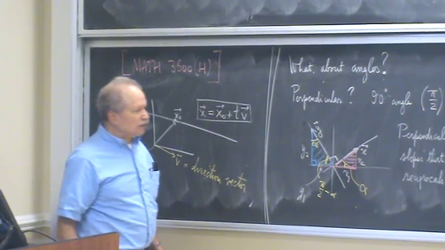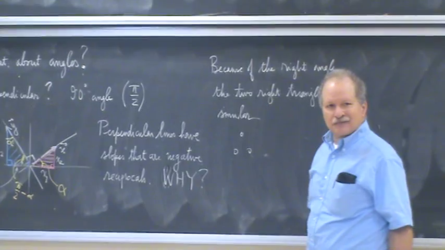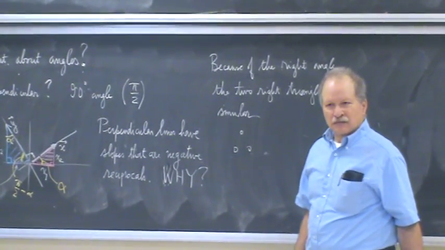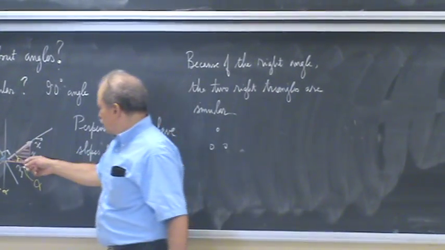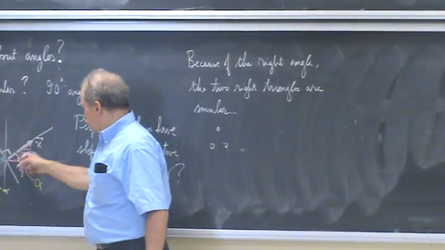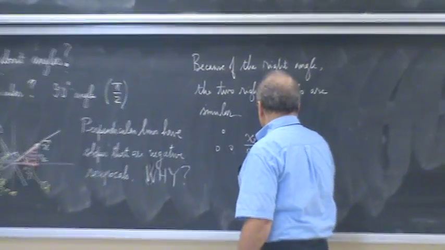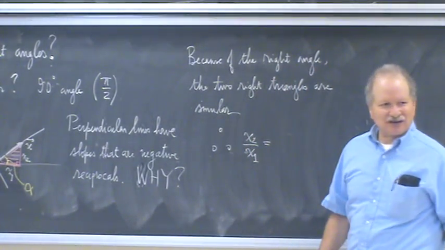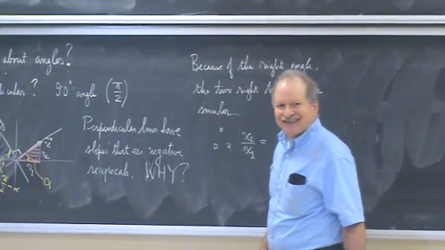Then you know that corresponding sides on similar triangles have ratios that are the same. So x2 over x1 is y1 over y2. So x2 over x1, which is the slope, isn't it, that you were referring to. Now, be careful, it's equal to what? Negative, the absolute value of what?